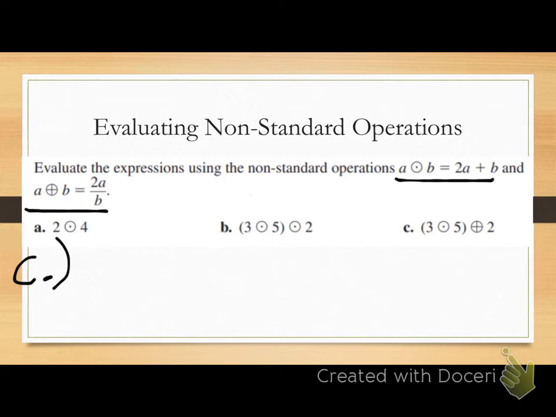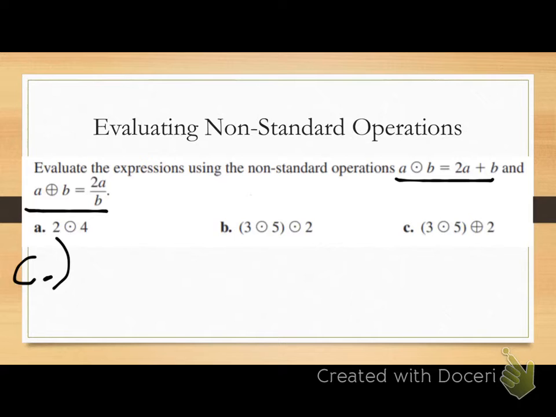3 circle dot 5, circle plus 2. What do I need to do first? Well, there's 3 numbers there. How do I know which numbers to use for A and B first? Parentheses, right? We're doing parentheses first.